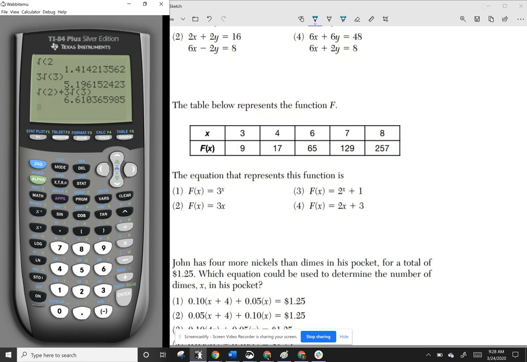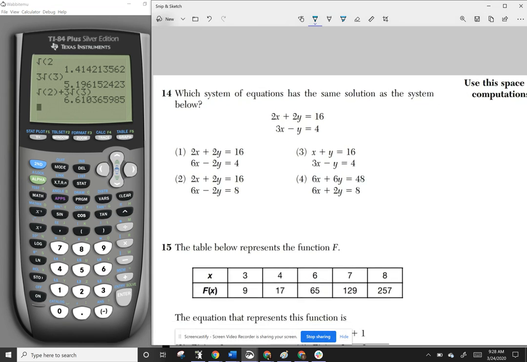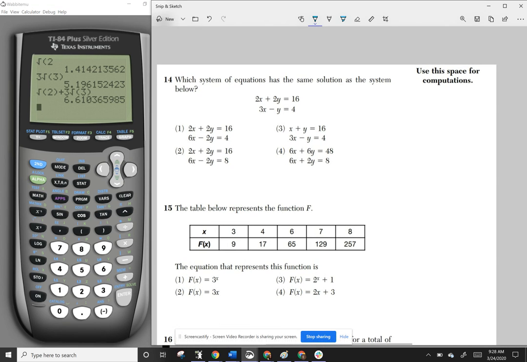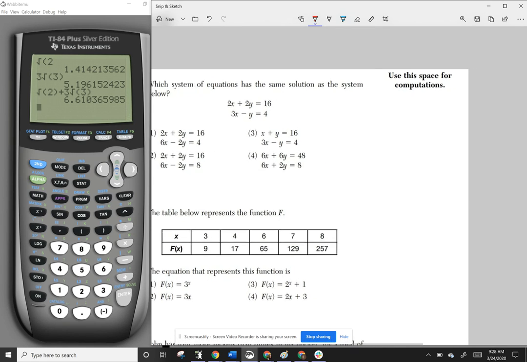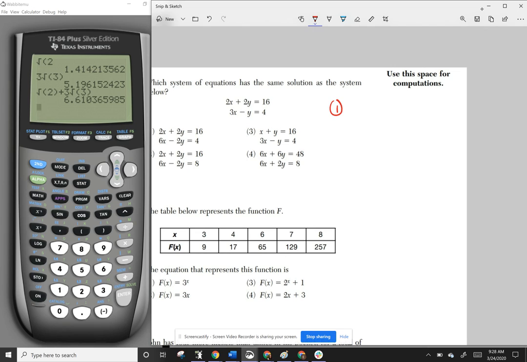Okay, moving on to question 14. So question 14 is a system of equations. And to solve a system of equations, we have a few options. So one option is elimination.